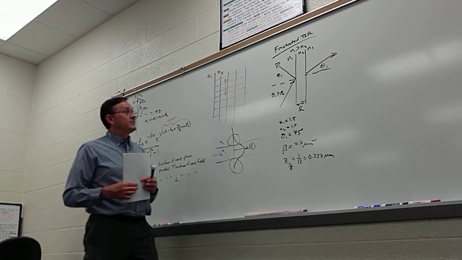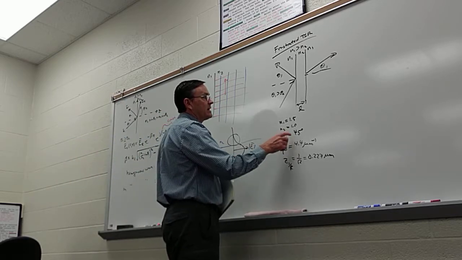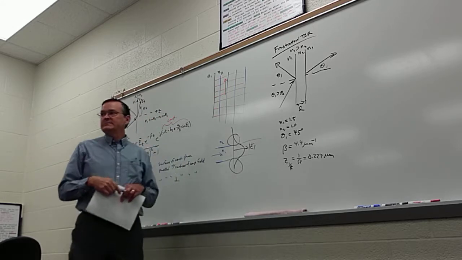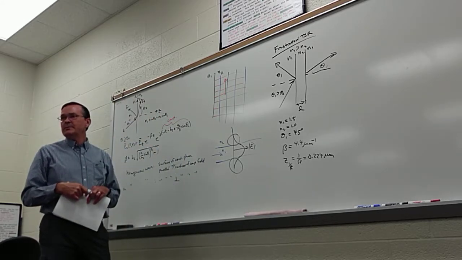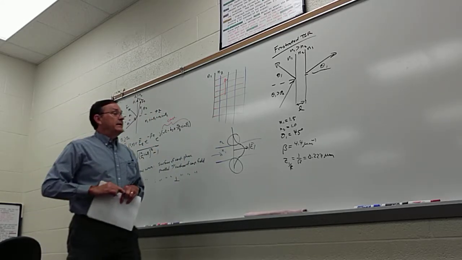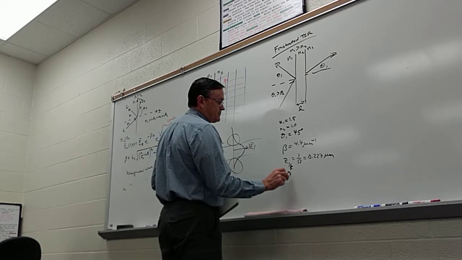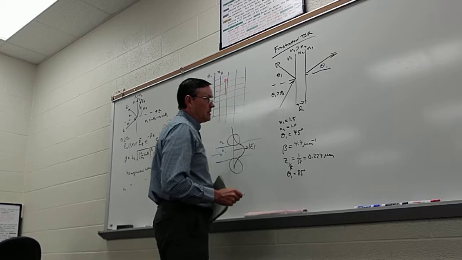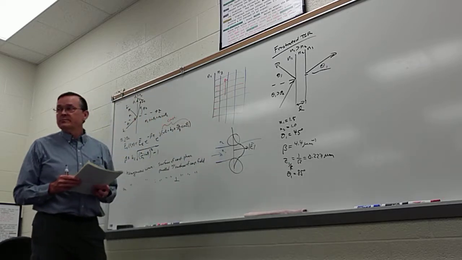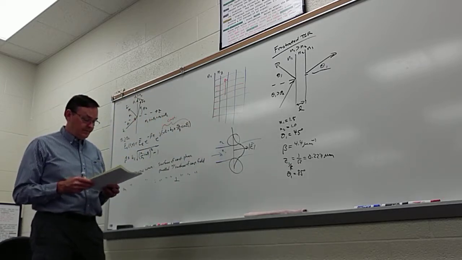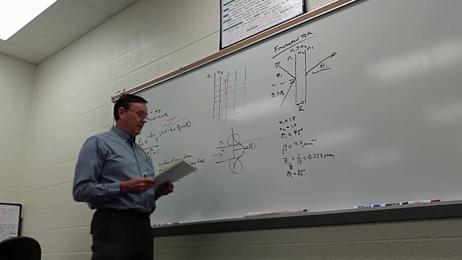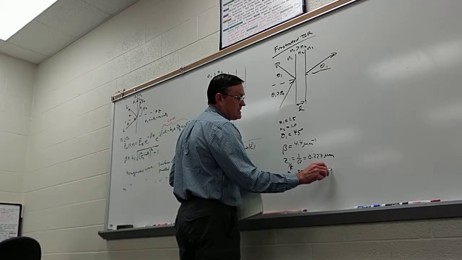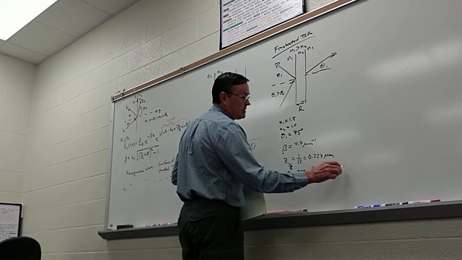So to get frustrated total internal reflection, in this case, we've got to be a quarter of a micron or less, really, to get any reasonable amount of power. If, on the other hand, we set theta to be 85 degrees, so we're coming in at a really small grazing angle, then beta is equal to 14 inverse microns.